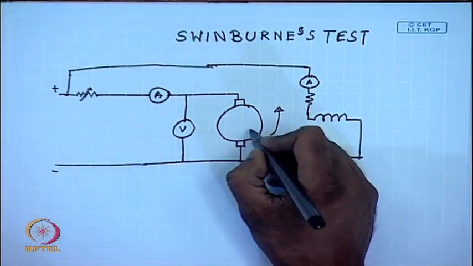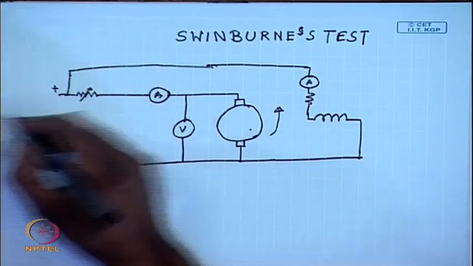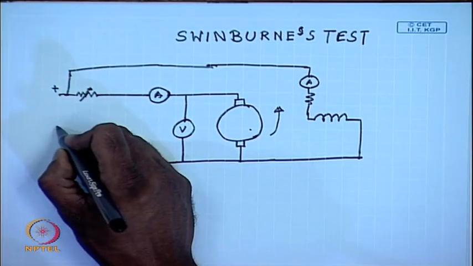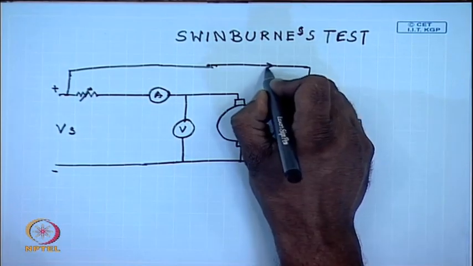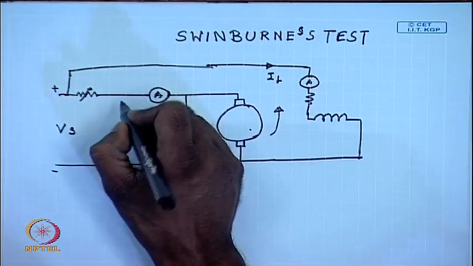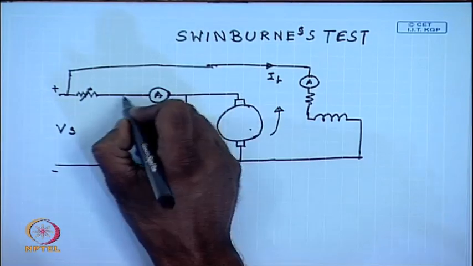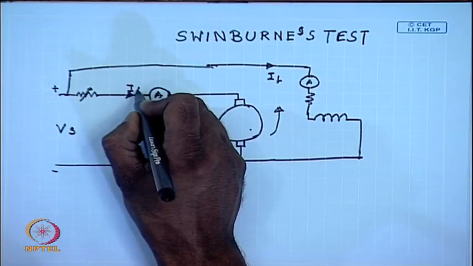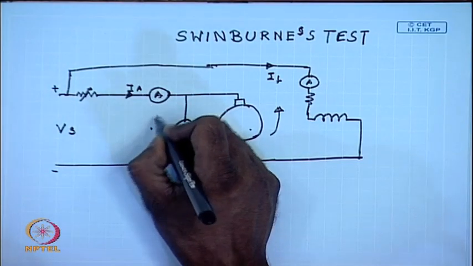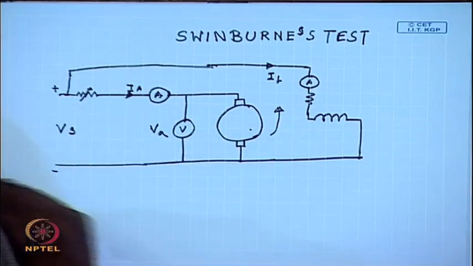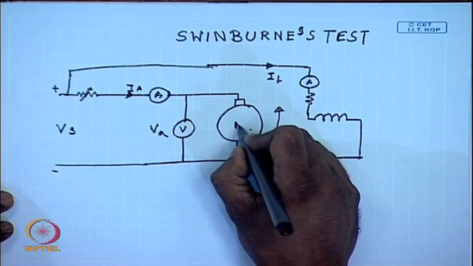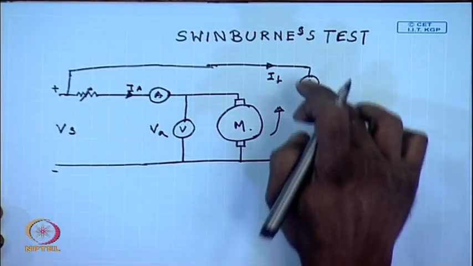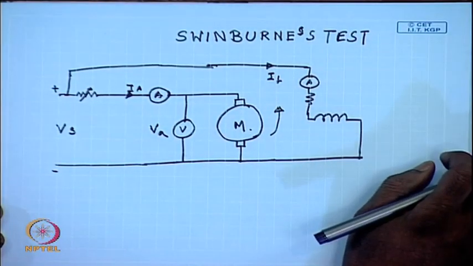Now, this is the top supply voltage Vs, field current If, armature current Ia, this is the armature voltage Va. The machine is operated at no load with rated field applied.